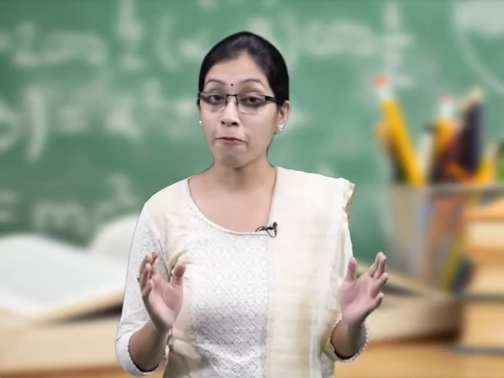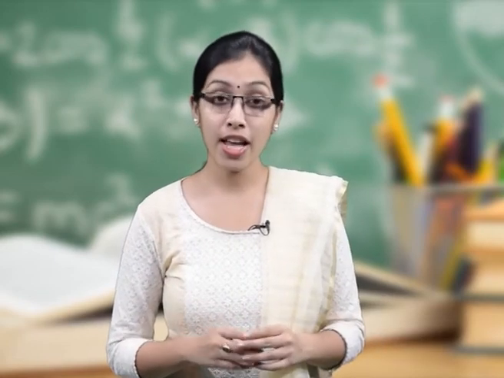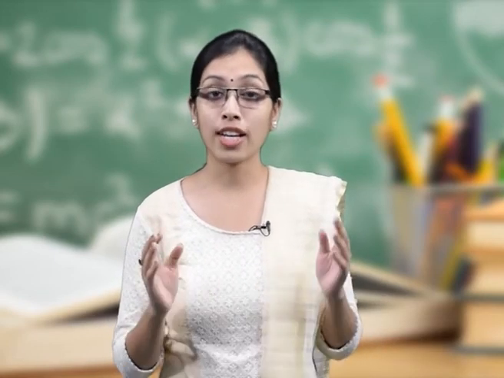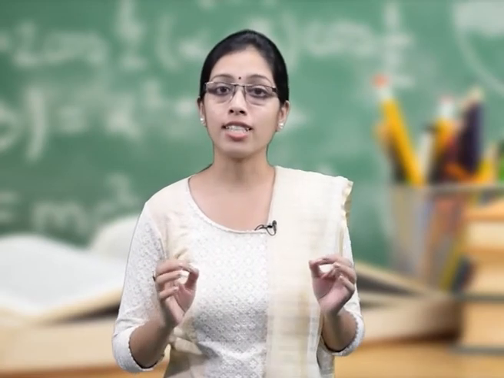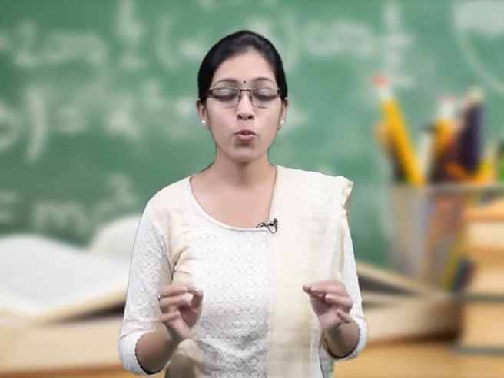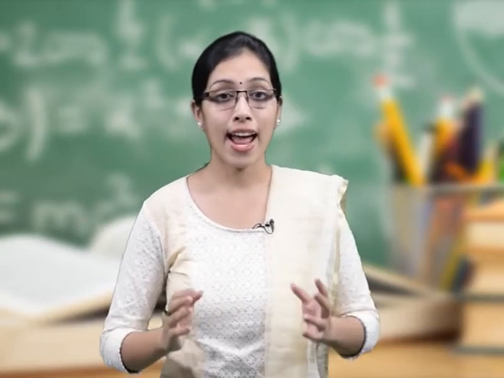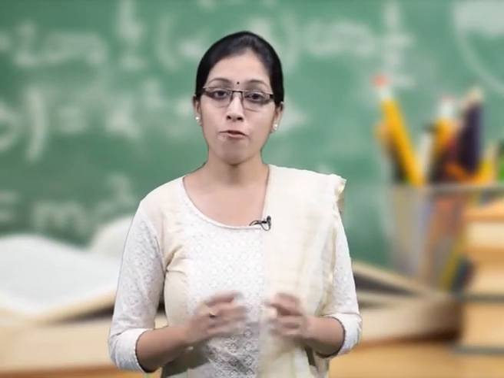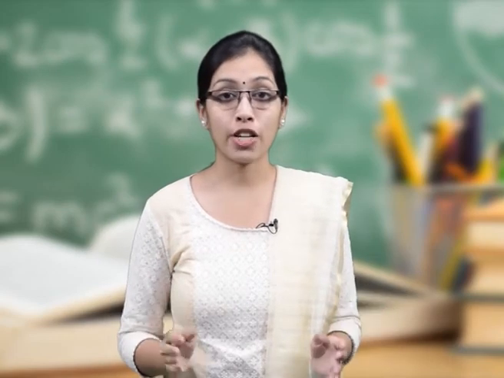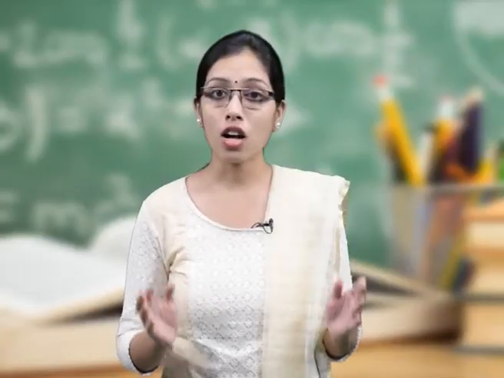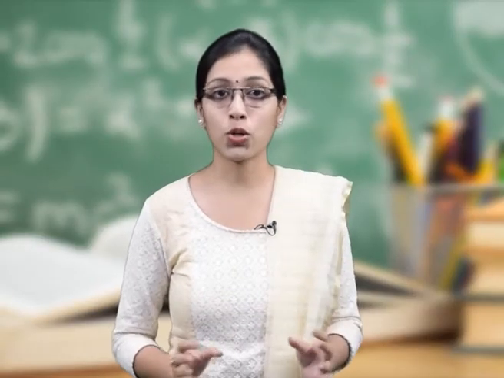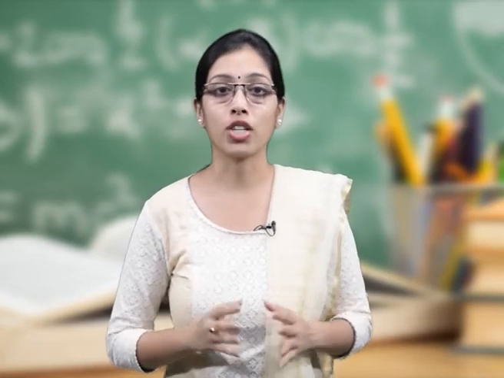Merton presented 5 modes of adaptation in the use of means to attain goals, and for this reason, his model is sometimes referred to as the means or ends theory. 4 of these methods of adaptation, that is retreatism, rebellion, innovation and ritualism, occur when legitimate means to goal attainment are blocked.